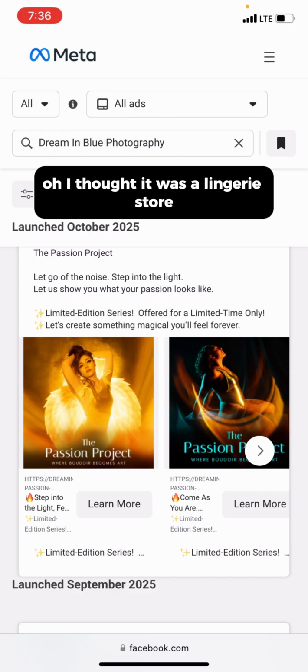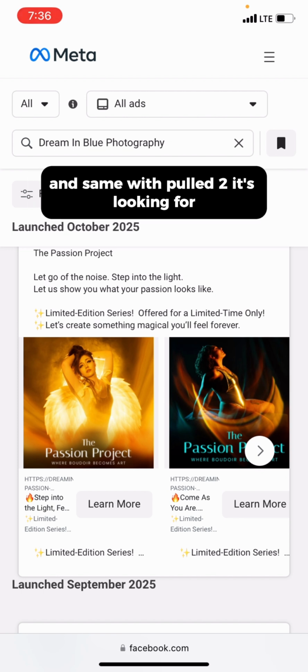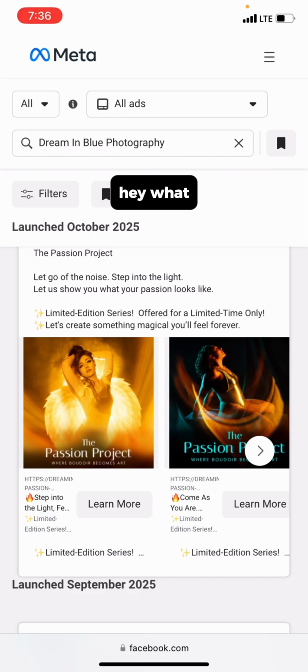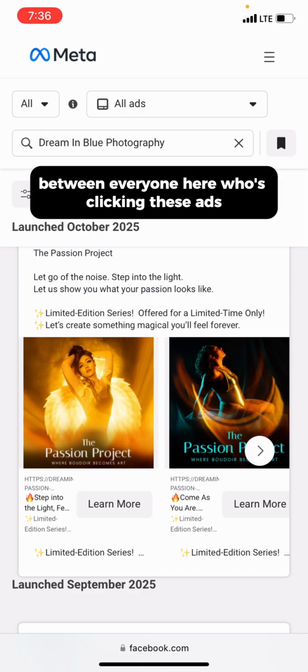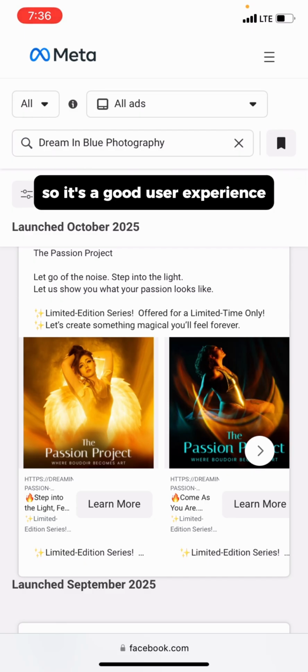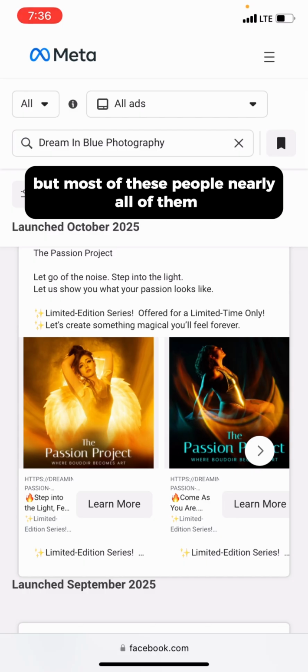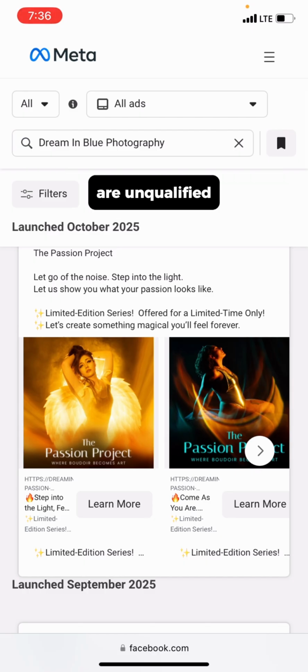"Oh, I thought it was a lingerie store." They click out, they leave. Well, their data is being pasted into pool two. And pool two is looking for the most common data points between everyone clicking. These ads are relevant to them, getting people to take an action, so it's a good user experience. But most of these people, nearly all of them, are unqualified.